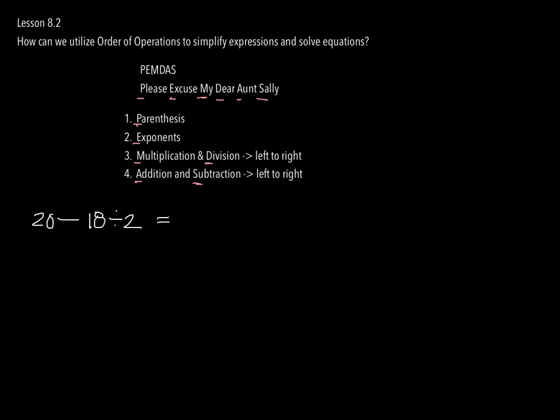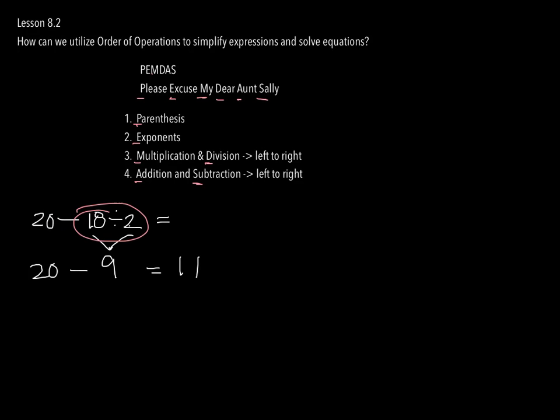So we're going to do that step first. 18 divided by 2 is 9. Any more multiplication, division? No. So our next step is to bring down the 20 minus 9, which equals 11. We do the division first because multiplication and division come before addition and subtraction.